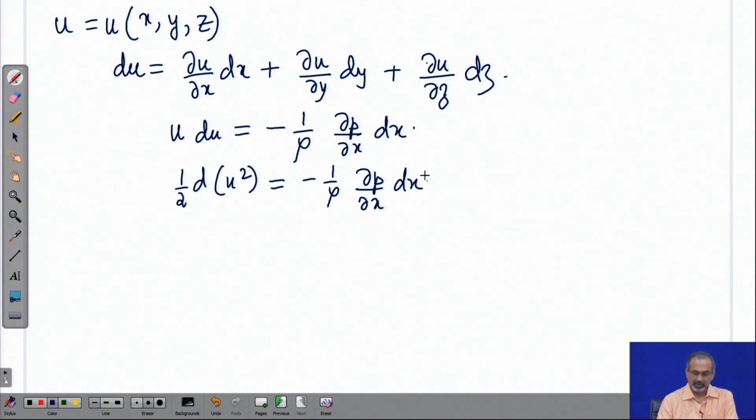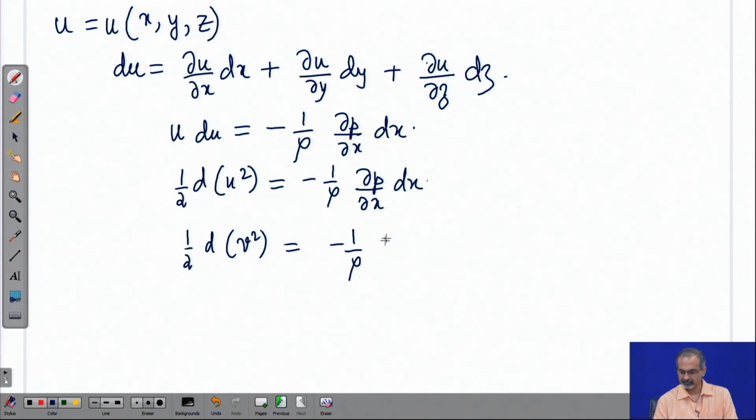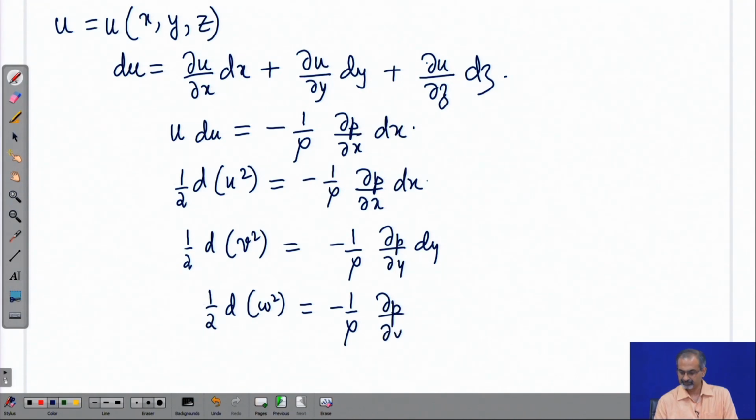Now, like you do it for the x direction, you can write this equation similarly for the other two directions. So, now you have it for all the directions. So, this should be del p del z into dz.